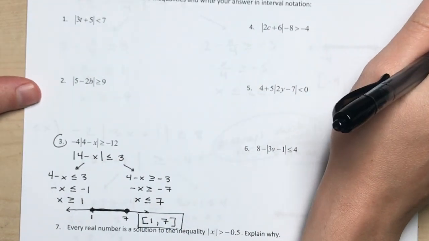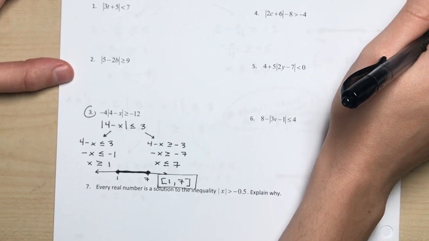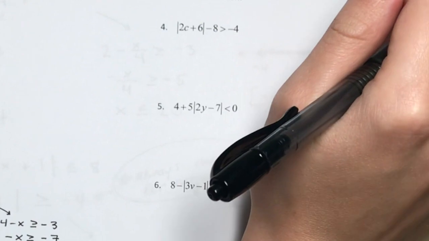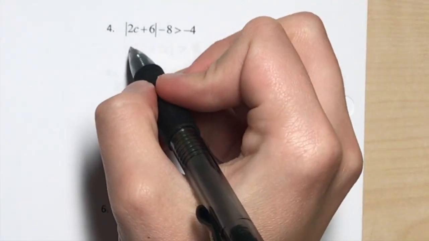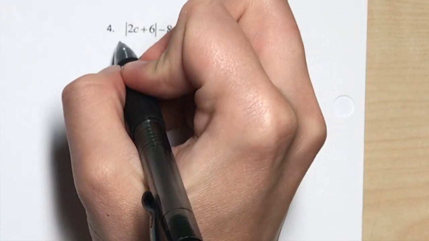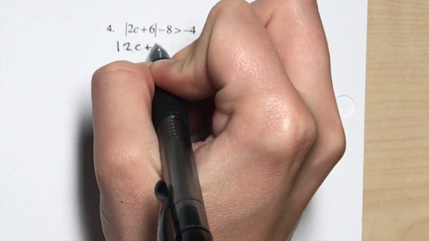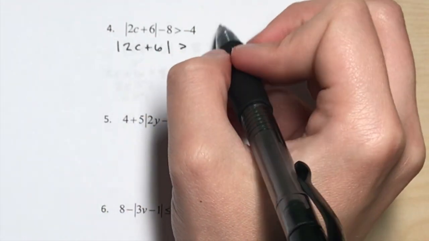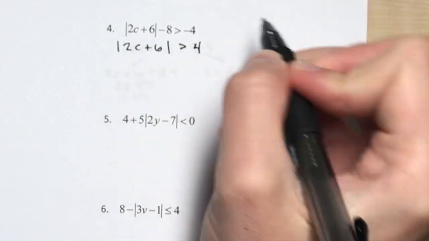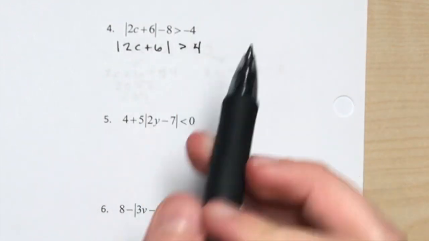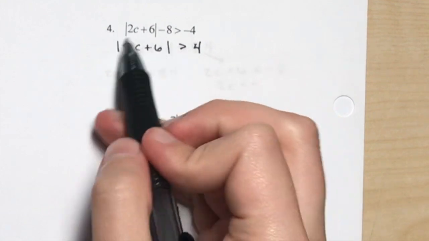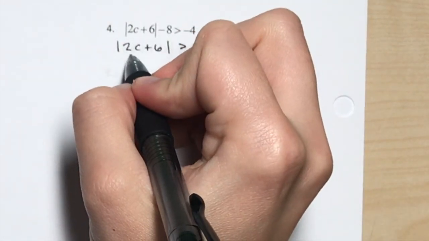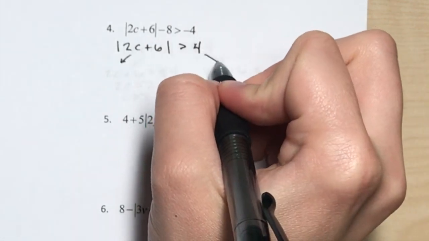Okay, let's look at 4. Let's bring this 8 over. We have 2c plus 6 is greater than positive 4. So it worked out: even though we had a negative to start with, now that we've isolated, we have a positive, so we're good to continue. So we split.